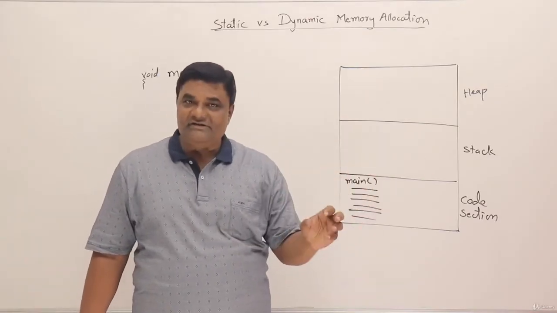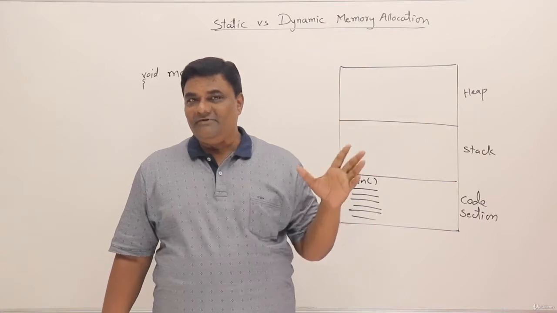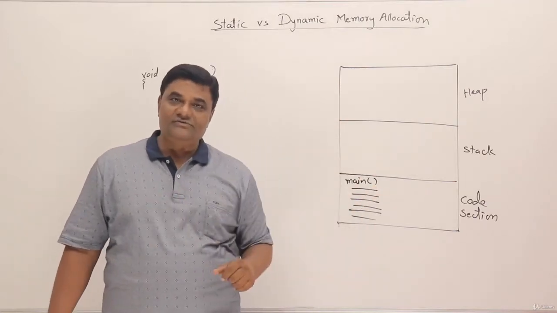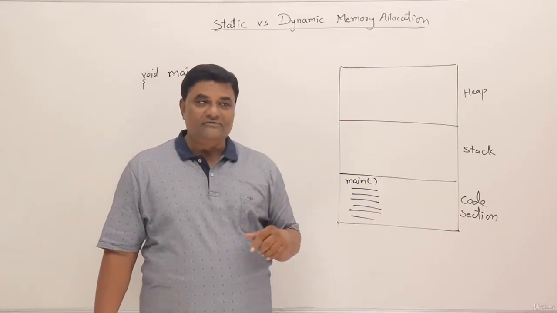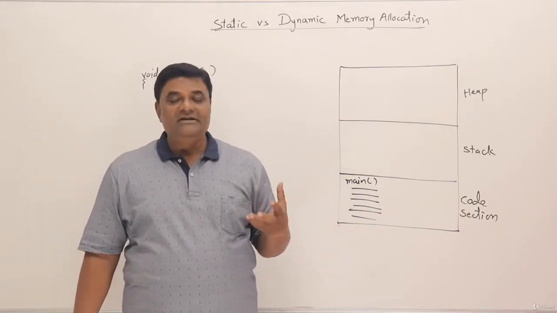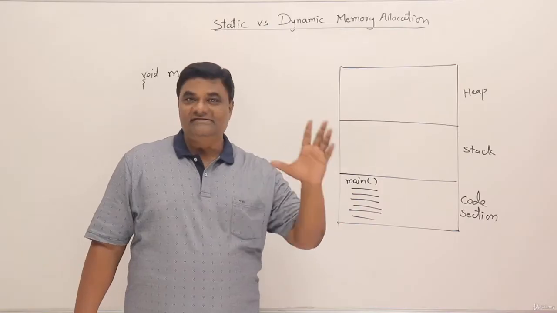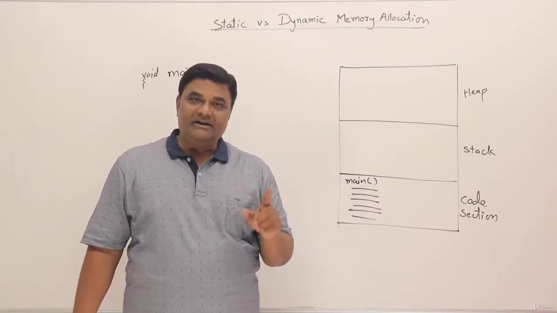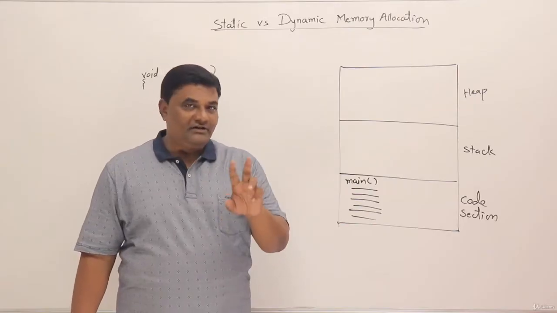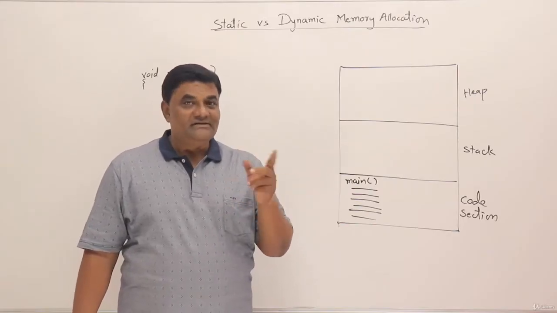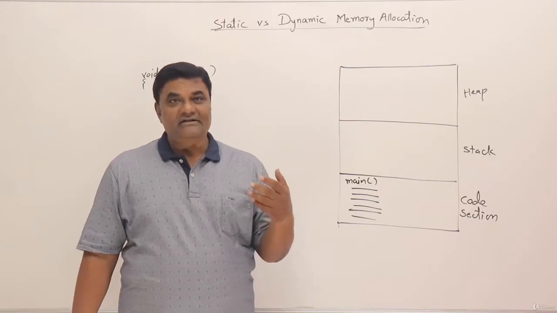Once it has finished using it, it should release the printer so that other applications can use it. Same way, heap memory should be used like a resource. When required, you take the memory. When you don't require it, you release the memory. This is the practice that we must follow while dealing with heap memory. So I told you 2 points. What is heap? Second thing, it should be treated as a resource.